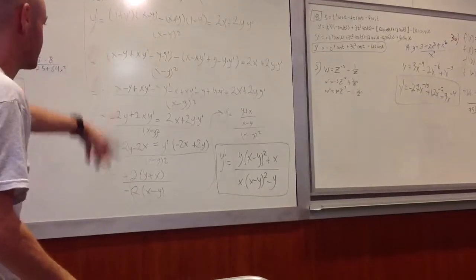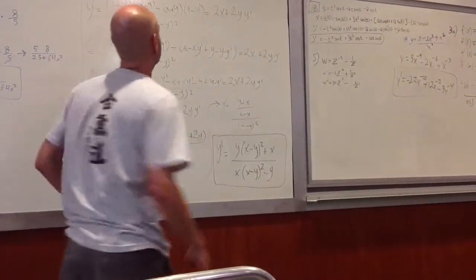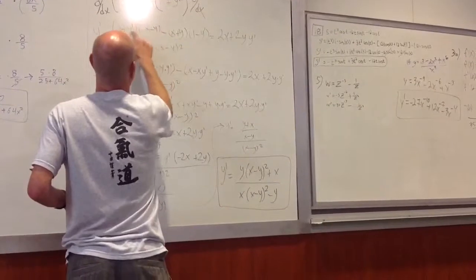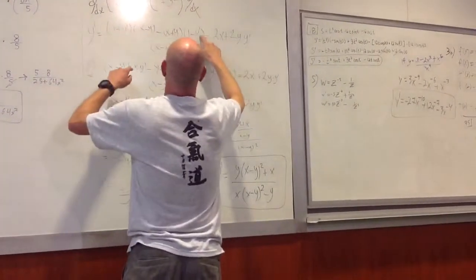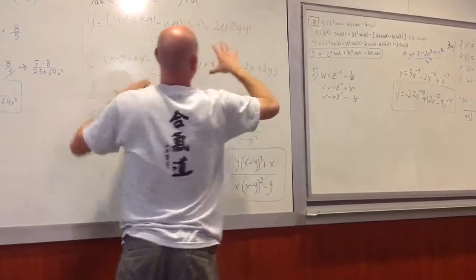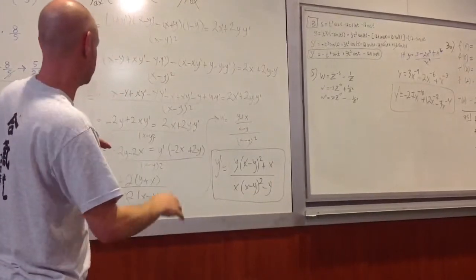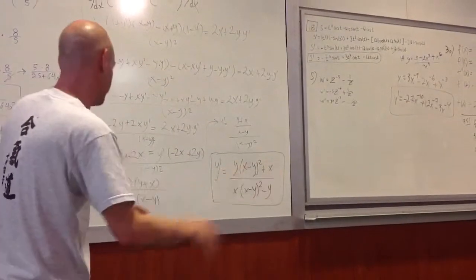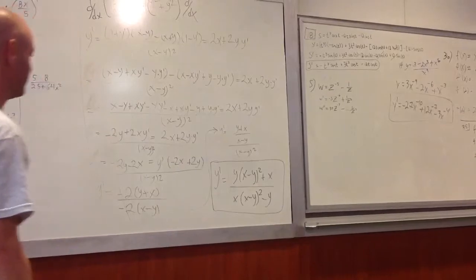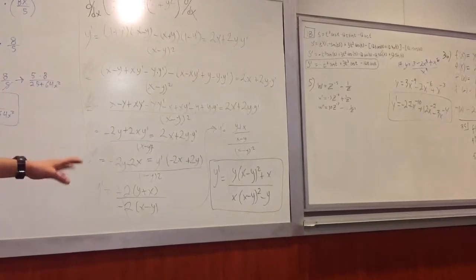And then I'm going to assume the algebra is correct to shuffle out this here. You're going to have to do distributive property here. You're going to have to dig all these y primes out and then get everything to one, factor out the y prime and divide the whole thing by that, which I'm assuming is what went on here. I'm not going to check all the algebra there. I'll let you guys play with that.